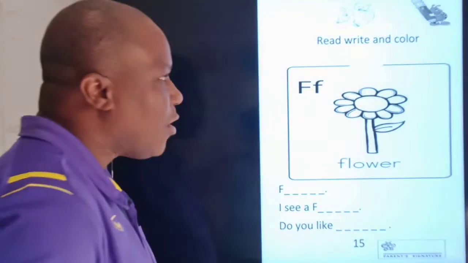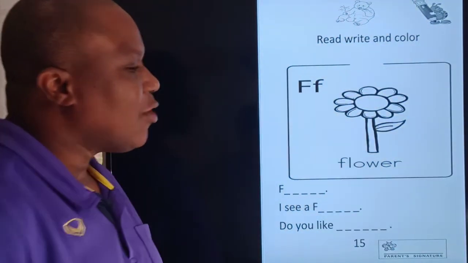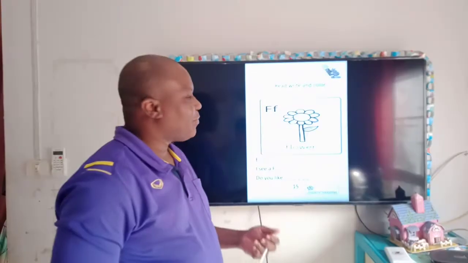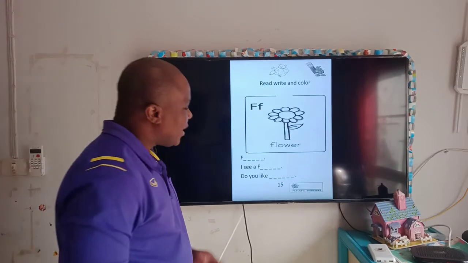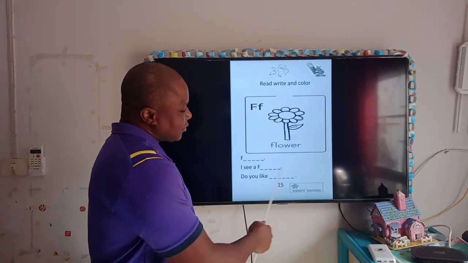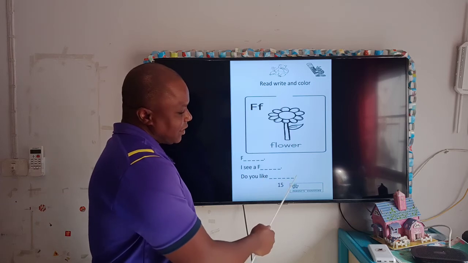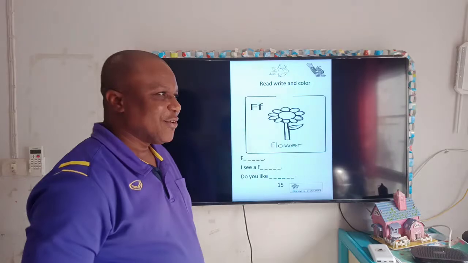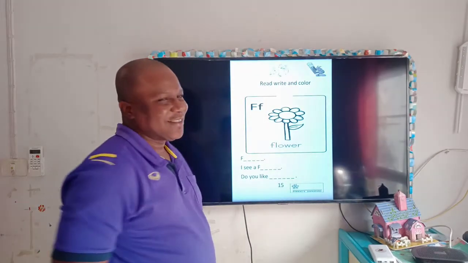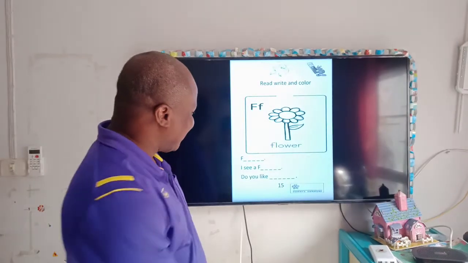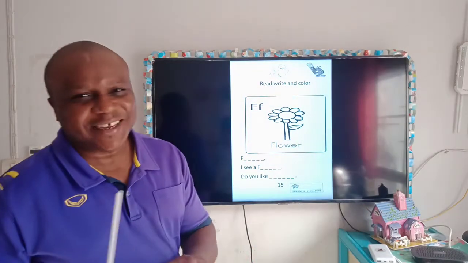This is your homework, and please don't forget to color the flowers. Color it beautifully, and make sure that you write all the letters, complete it, write it correctly, and put the question mark here. I want to know who will put the question mark to show that you understand that this one is a question. Please try to understand what I am doing here.